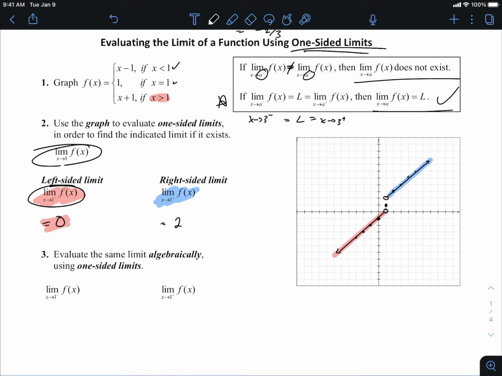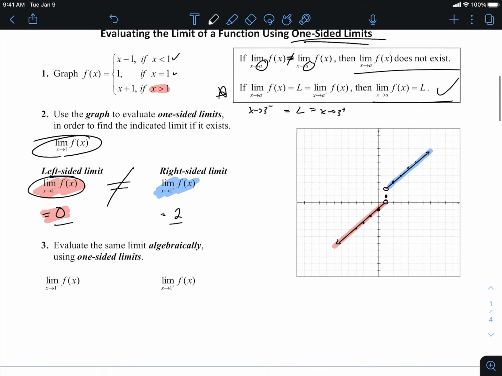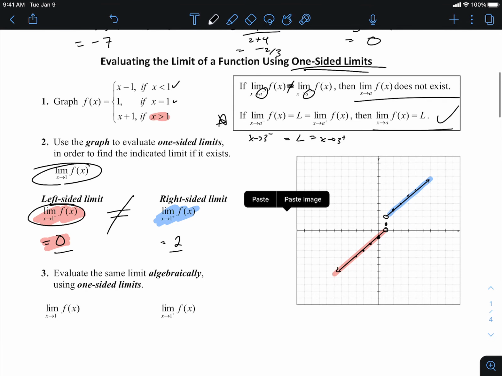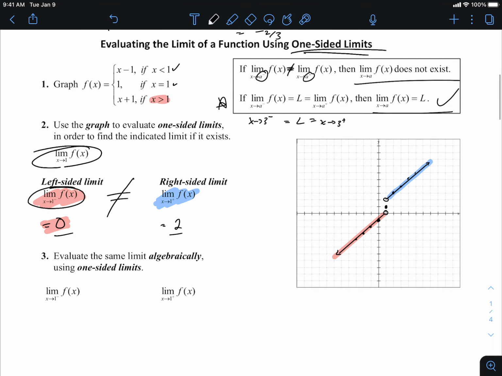Well, these two things are not equal, right? These two numbers don't equal each other, which must mean that something has happened with the graph. Okay, and so we can say, based on the rules above here, that when the limit on the left does not equal the limit on the right, we know that the limit as x approaches 1 does not exist.